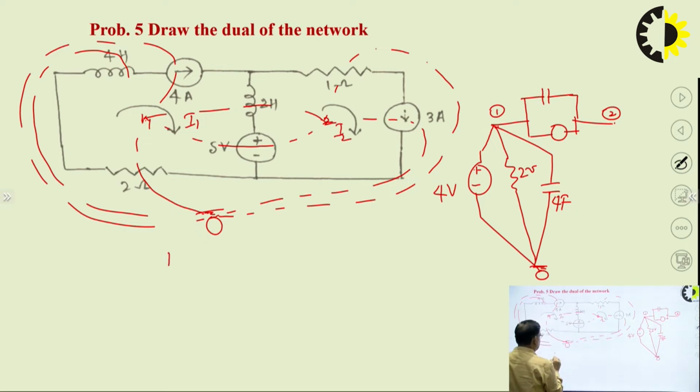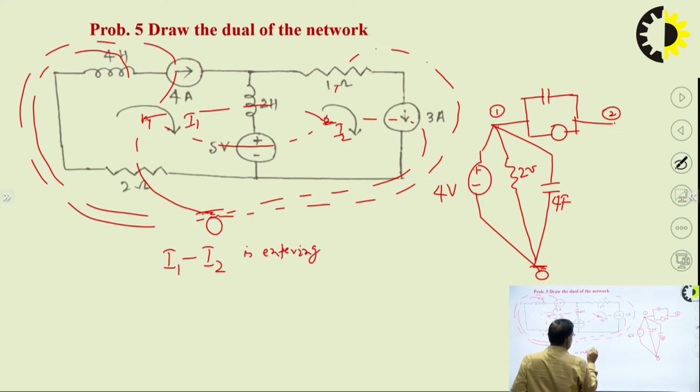So I1 minus I2 is entering the plus terminal, meaning that if I1 is greater than I2, it is entering the plus terminal and leaving the minus terminal. It means I1 minus I2 is opposing the polarity of the voltage source.